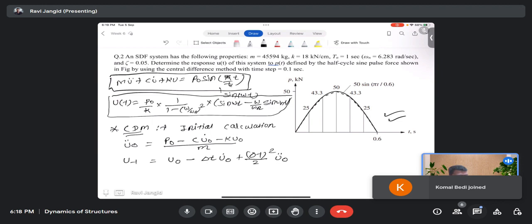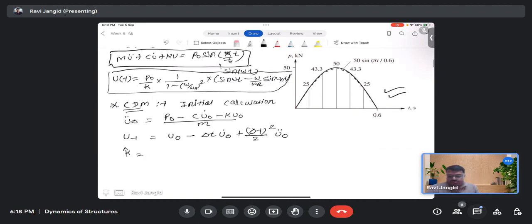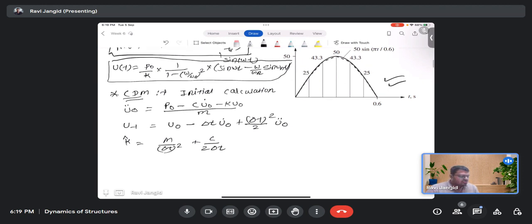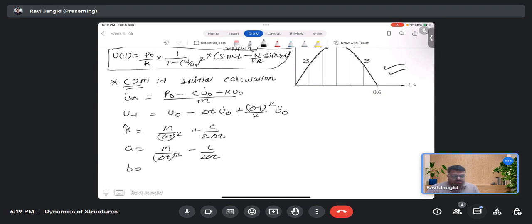We need to determine k cap as m over delta t square plus c over 2 delta t, a is equal to m over delta t square minus c over 2 delta t, and b is equal to k minus 2m over delta t square.